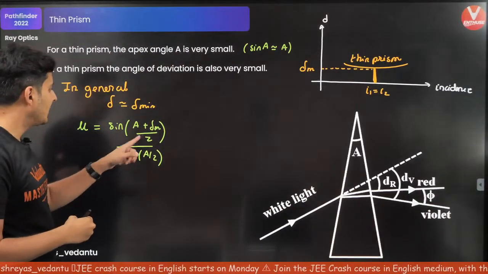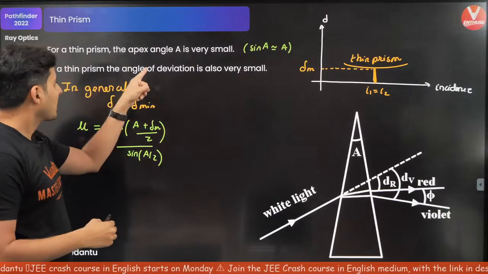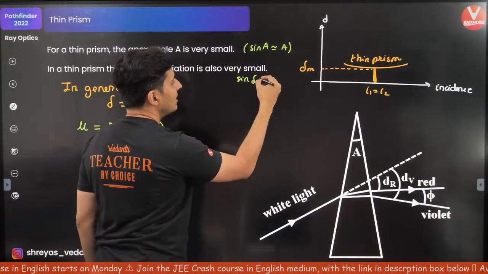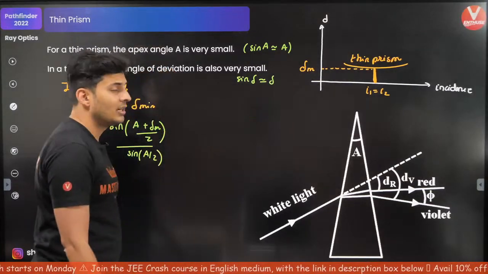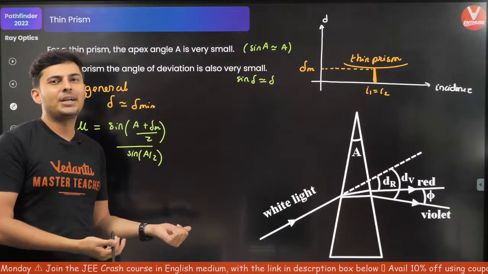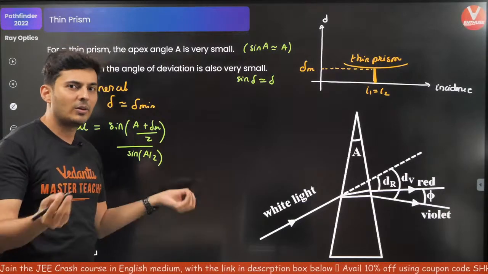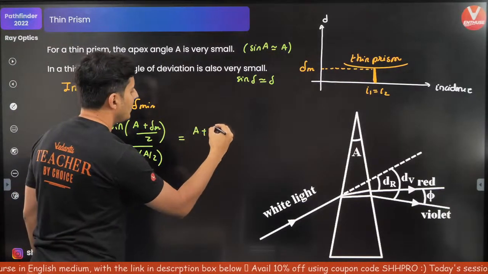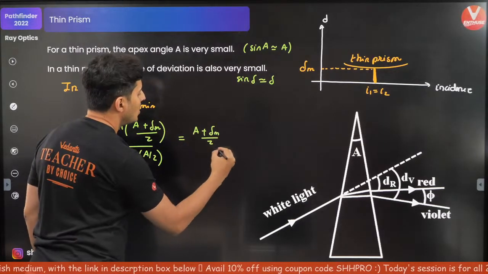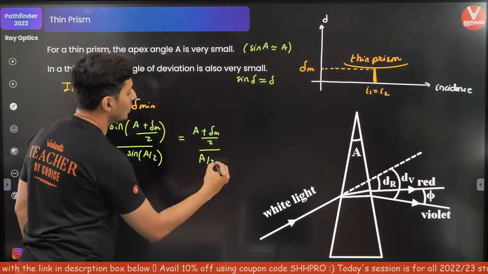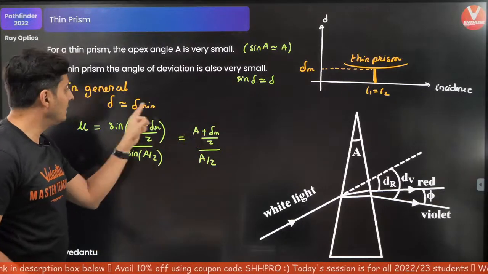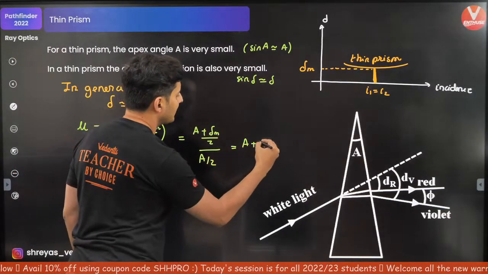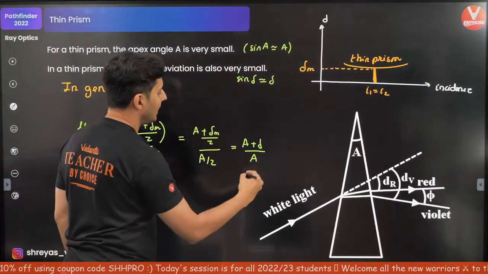The deviation is also small, so sine of delta is also approximately delta, and sine of (A plus delta) by 2 will also be (A plus delta) by 2. So this will be nothing but (A plus delta minimum) by 2 upon A by 2. The 2 cancels, delta minimum is roughly delta, so this will just become (A plus delta) divided by A.